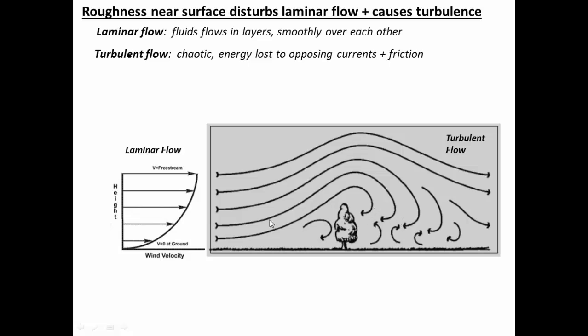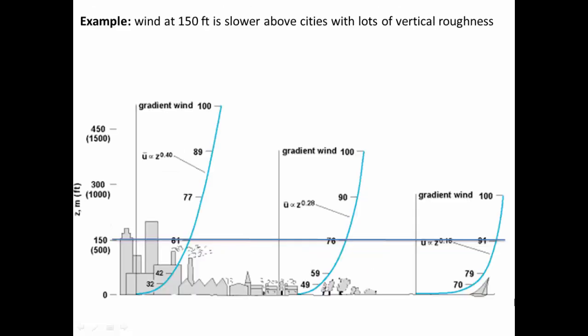Obviously, the difference here is roughness on the ground. Places that have smooth surfaces, like the ocean, tend to have great laminar flow. Places that are rougher, like built-up urban areas, tend to have more turbulent flow. In this example, you can see plots of wind speed as a function of height.